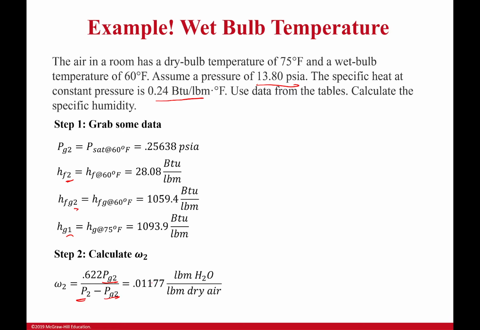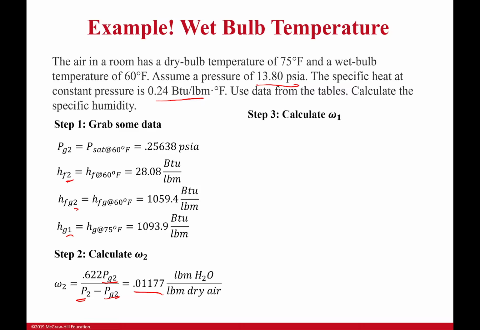And I find out in the end that I have about 0.01177 pound mass of H2O per pound mass of dry air if I am completely saturated. So if I'm not completely saturated, it's going to be less than this. So omega 1, when we calculate it, that's the specific humidity of the room I'm actually in, it's going to be less than this value.